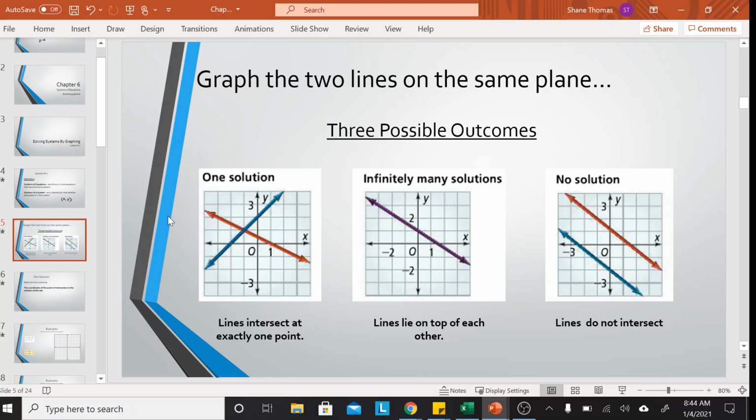You can't just stop and say, oh, it's no solution because they're not touching in the first 3 or 4 points. It's not the case. You have to draw it out until they touch, and you'll be able to know right off the bat, like I said, if they have the same slope, then there's no solution. If they don't have the same slope, then they're going to touch eventually. These lines are infinite.